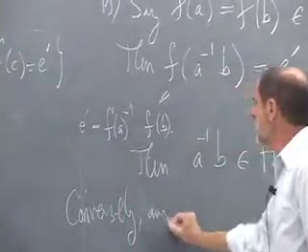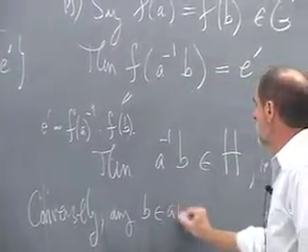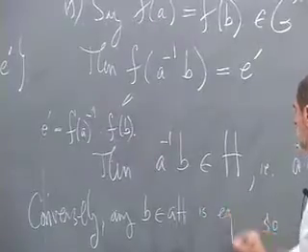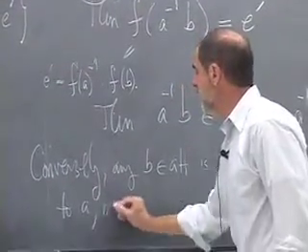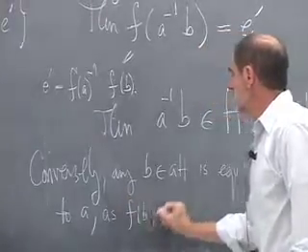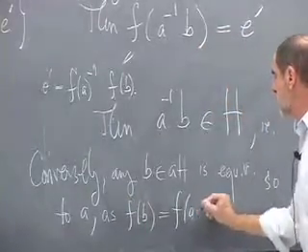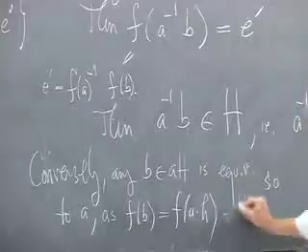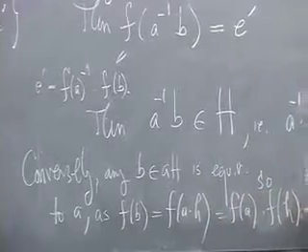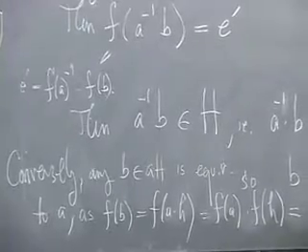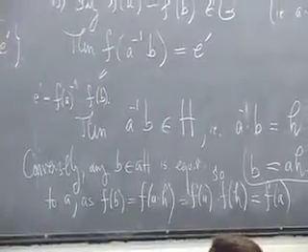Conversely, any b in aH is equivalent to a, as f of b is equal to f of a times some element h, which is f of a times f of h by the homomorphism property, which is f of a because h was in the kernel.